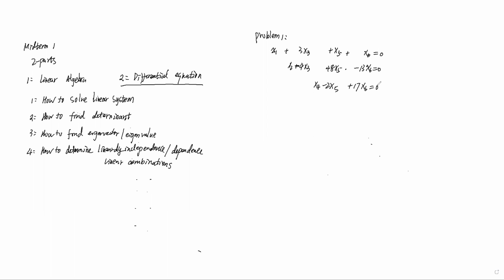From this equation, you can read the leading terms: x1, x2, x4.